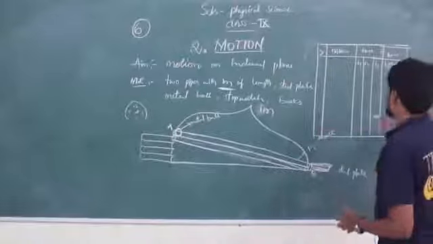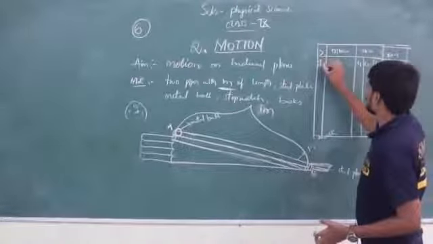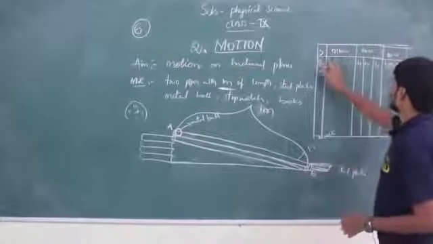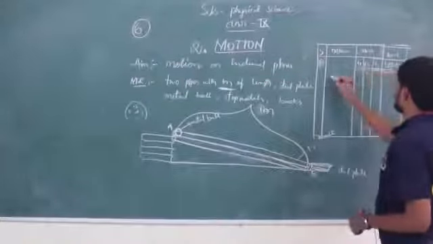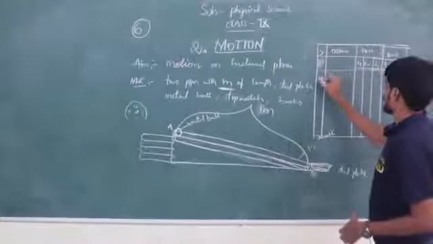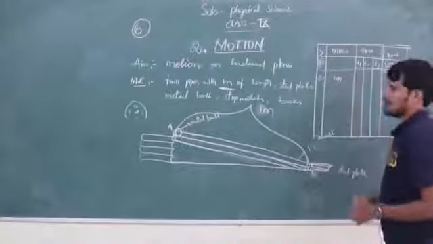Here, in the first attempt, I am using the metal ball, serial number 1. What distance is it covering? 1 meter.